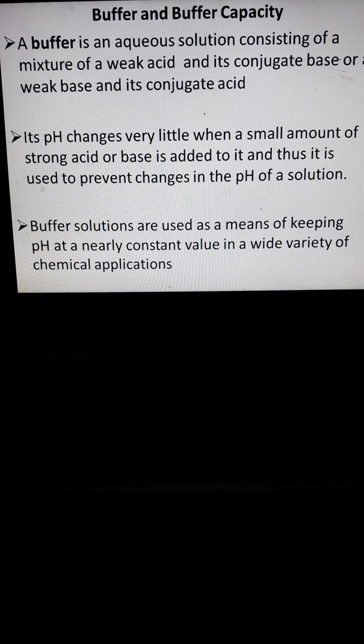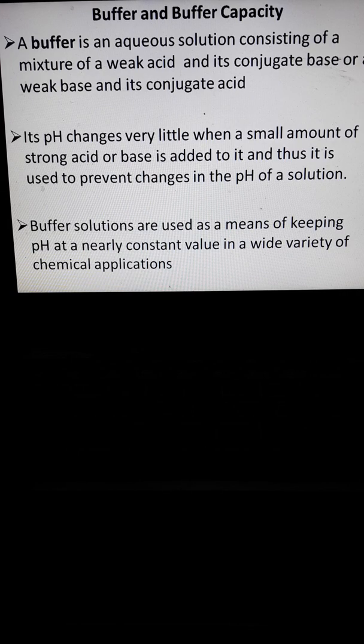So for hydrochloric acid plus water, there is the conjugate base, the chloride ion, and the conjugate acid, the hydronium ion. So this is known to be the buffer already, a mixture of those.